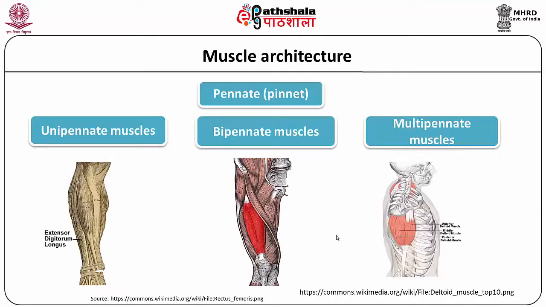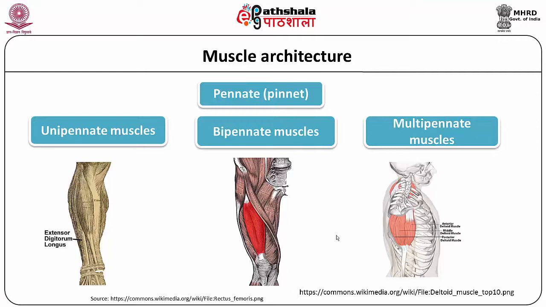In pennation type, there is the unipinnate muscle. The example is extensor digitorum longus of the leg. Bipinnate muscle is rectus femoris. Multipinnate muscle, you can see here, the deltoid muscle is a multipinnate muscle, because in deltoid there are three parts: anterior deltoid, posterior deltoid and the middle deltoid.